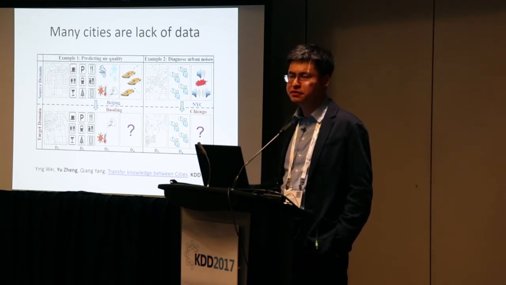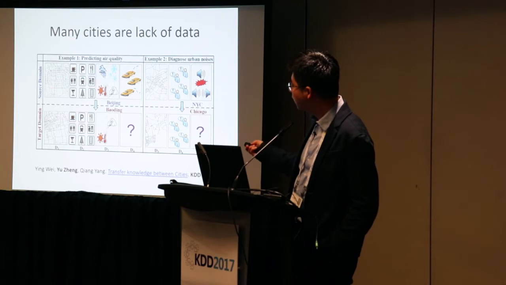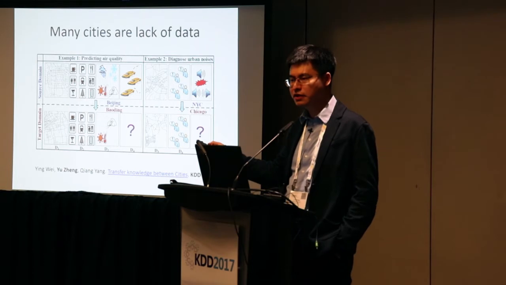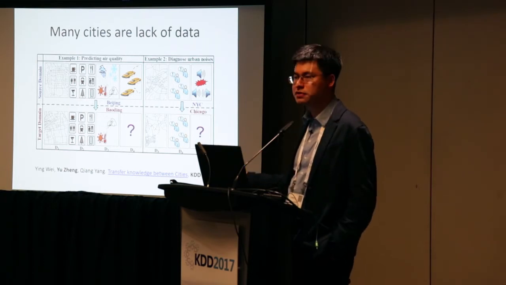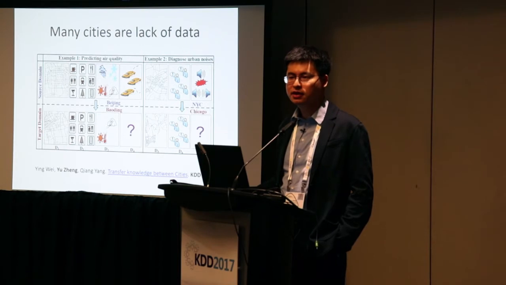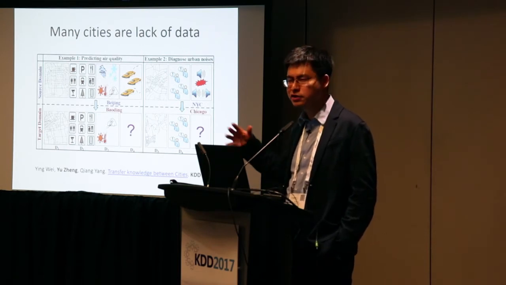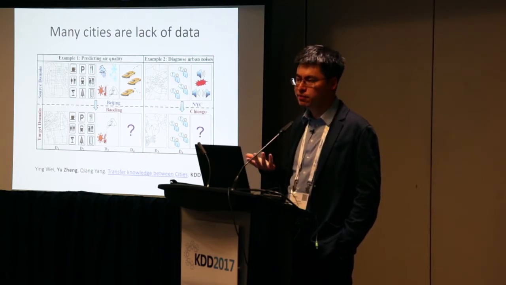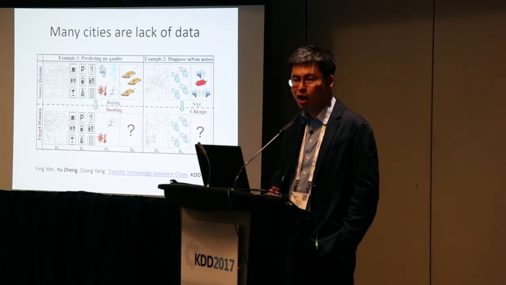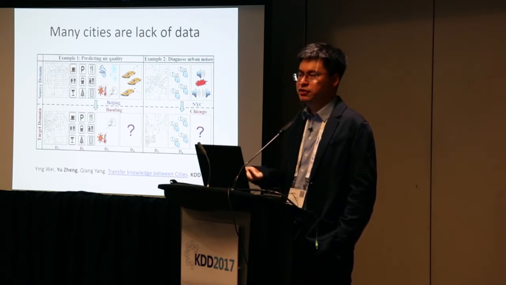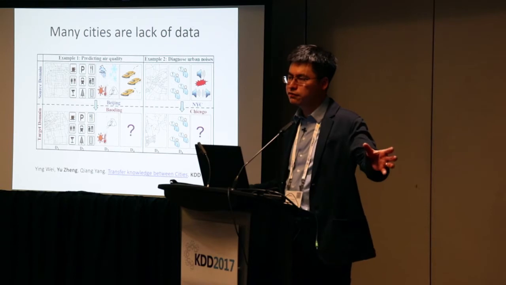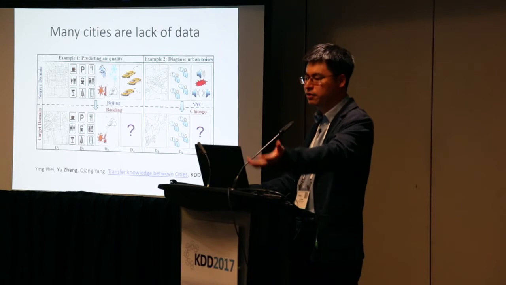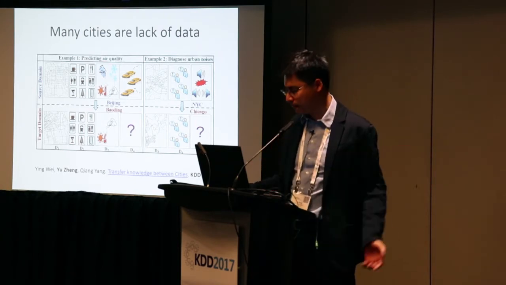Can we leverage the knowledge learned from the rich data generated in a major city to improve the inference in a small or new city? If we can do that, we can transfer knowledge between different cities. This is very cool. When we do a smart city project, we usually get a cold start problem. We don't have data, so we stop there. But if we can transfer knowledge from major cities, that's very good. If you can deploy the noise model in New York, then you can deploy it everywhere.